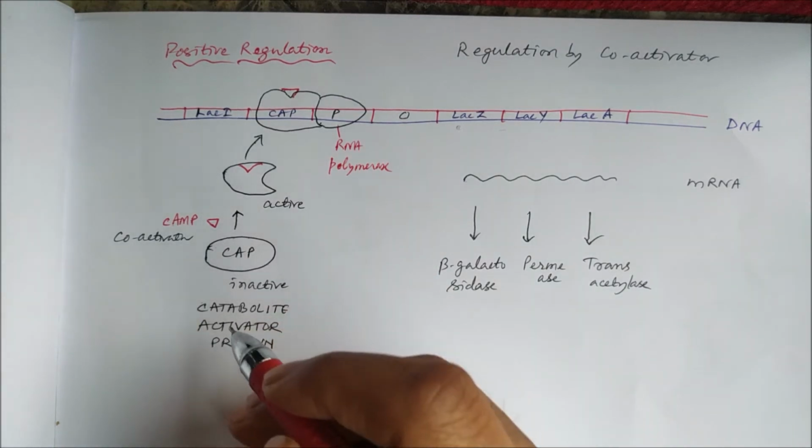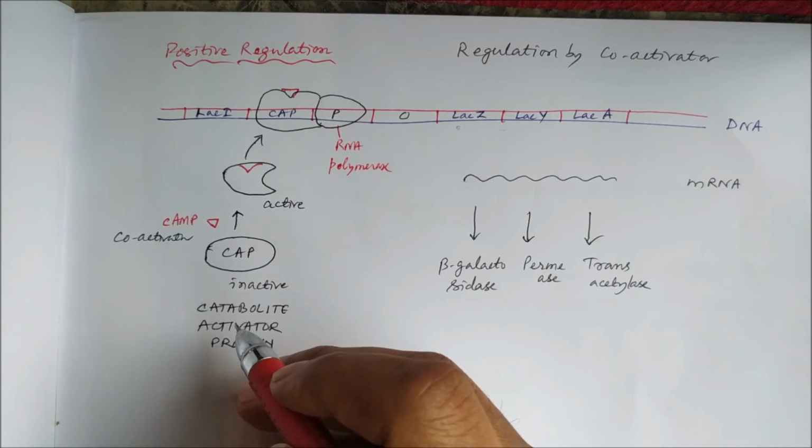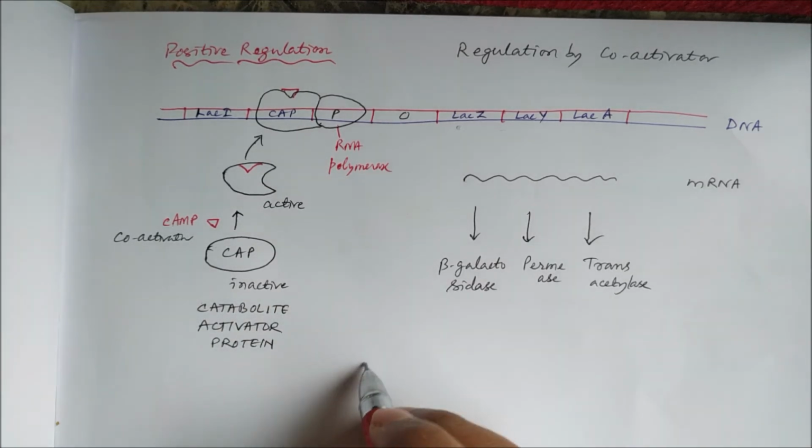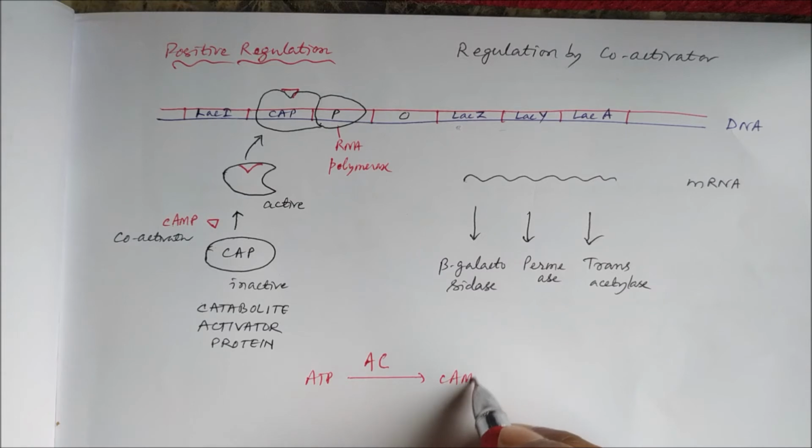Normally this cyclic AMP is produced from adenylate cyclase. So, adenylate cyclase is required for conversion of ATP to cyclic AMP.